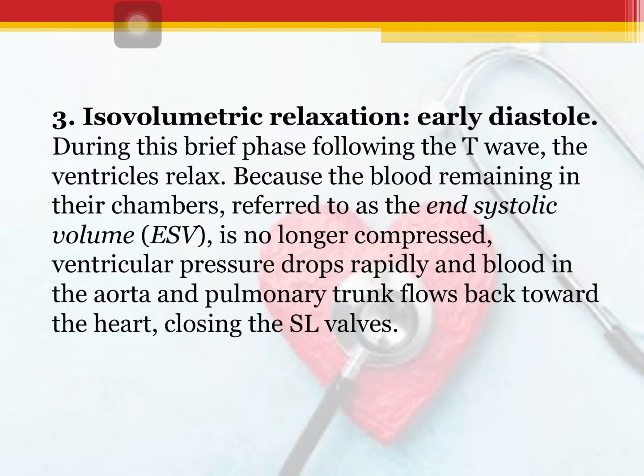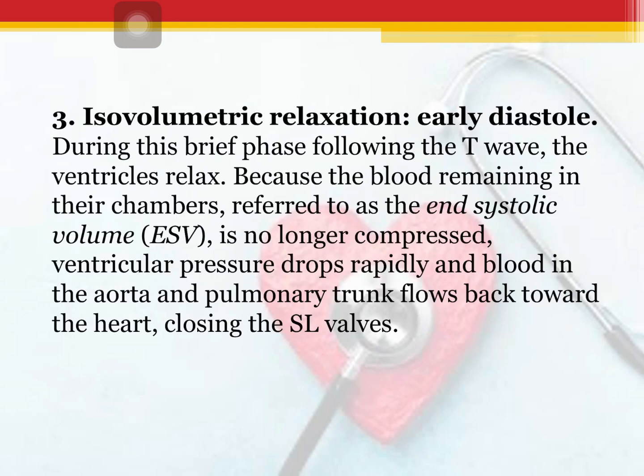Okay? So the remaining volume of blood at the end of ventricle contraction is called end systolic volume. So this is no longer compressed, ventricular pressure drops rapidly, and the blood in the aorta and pulmonary trunk flows back towards the heart, forcing the semilunar valves to close.